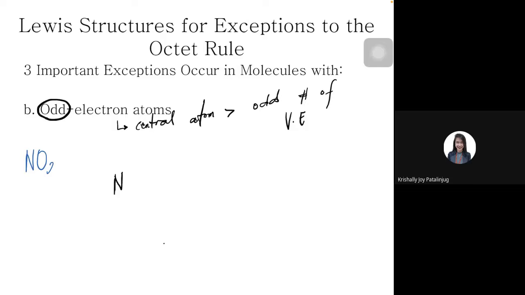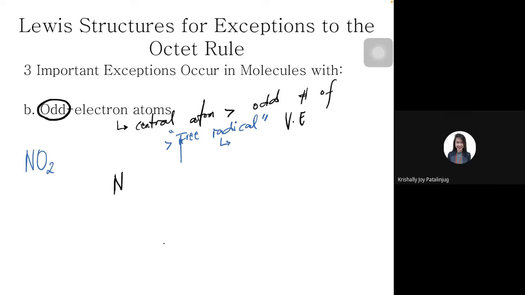And again, it is expected that when you draw its Lewis structure, there is an odd electron. Meaning, when we say odd electron, there really is one electron that has no partner. Remember, when you distribute the electrons, it should be by pair. So when the total number of electrons is odd, there is an unpaired electron. And if there is an unpaired electron, we refer to that species as a free radical.